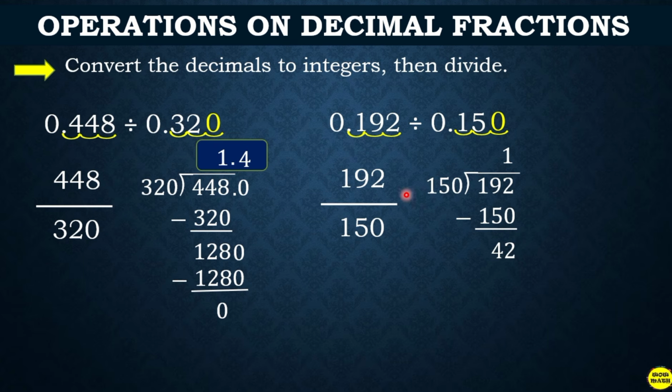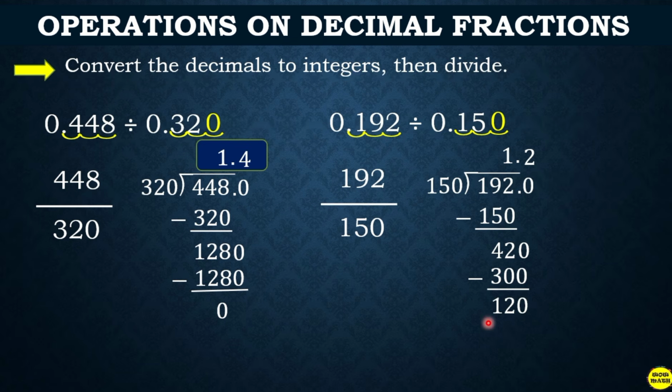So, anong gagawin natin? Kagaya ng ginawa natin dito, we will borrow. So, magbaborrow tayo ng 0. Okay? So, 420 divided by 150. Ilang 150 meron dito? Meron tayong dalawa. So, 2 times 150, that is 300. So, i-minus natin ito, we will have 120.